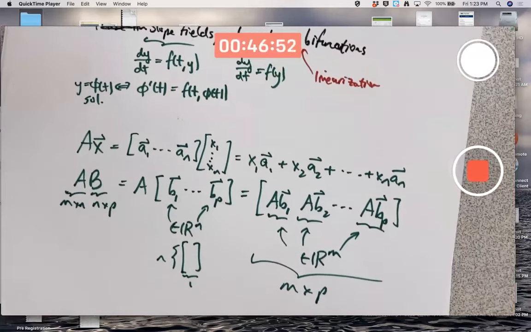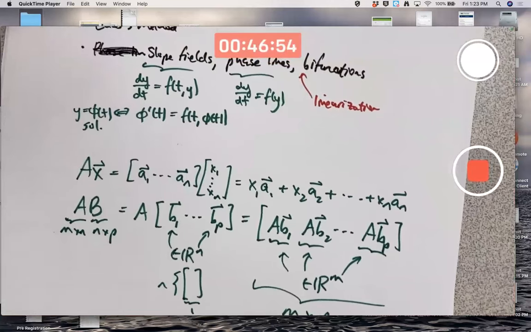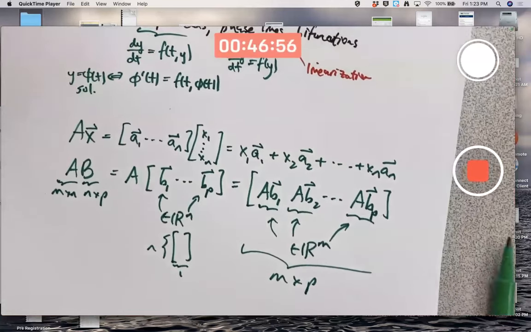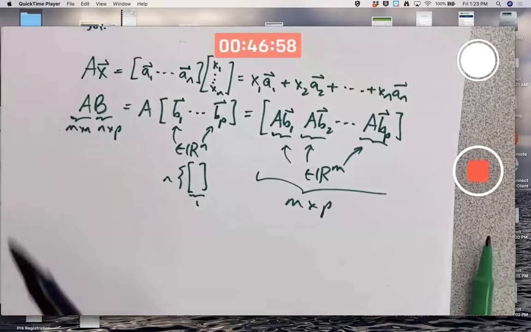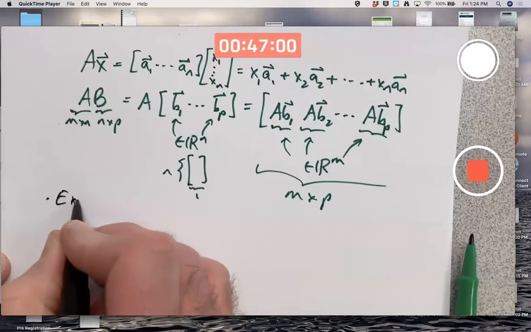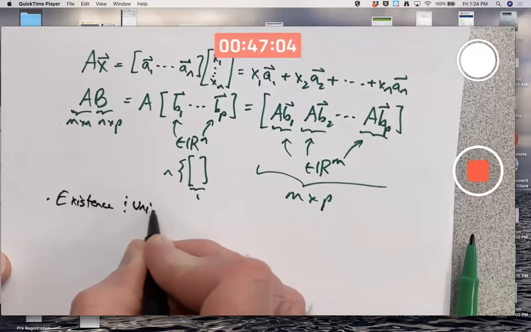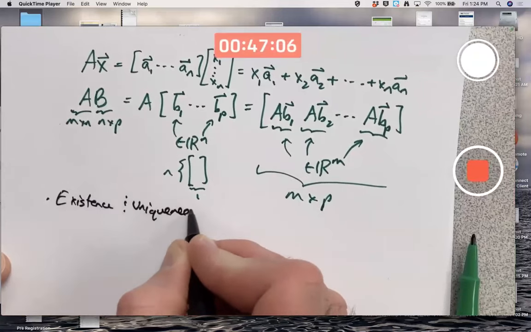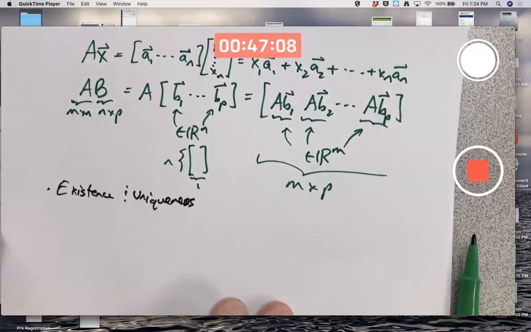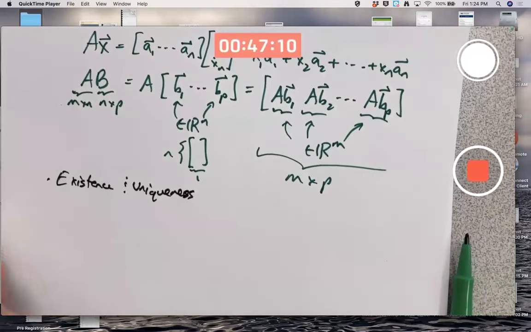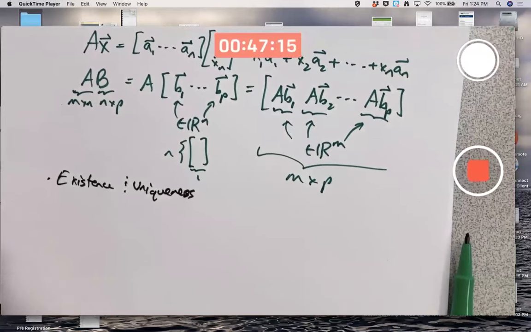Other stuff, going back to differential equations, included existence and uniqueness, both in chapter 1 for scalar equations and chapter 2 for vector equations, nonlinear systems.